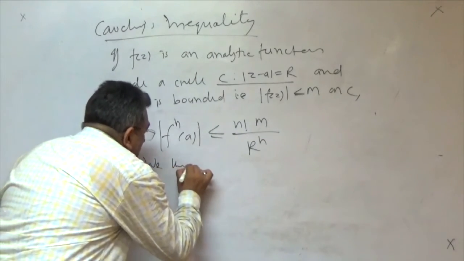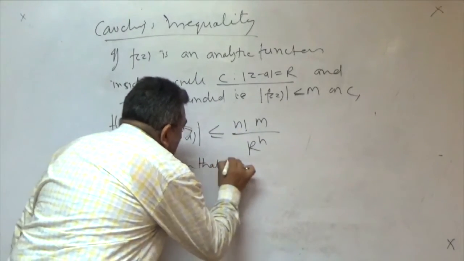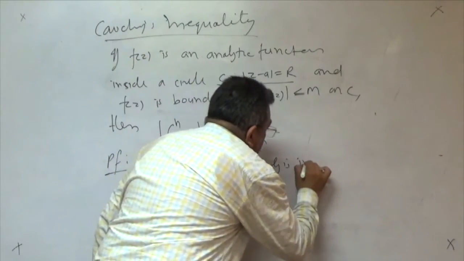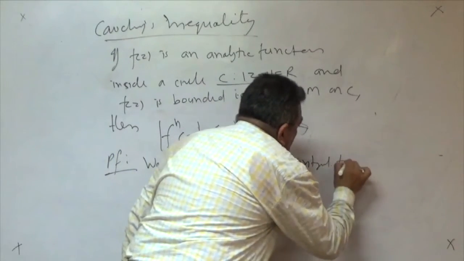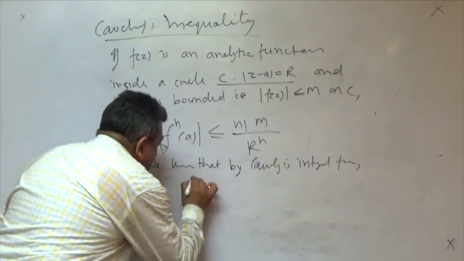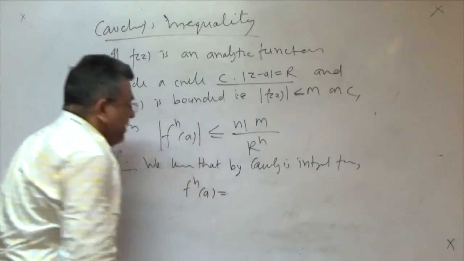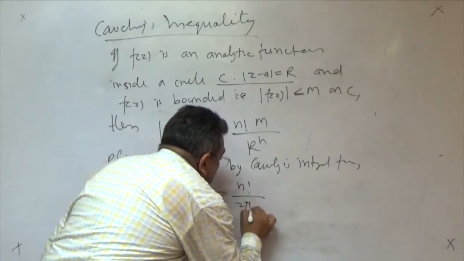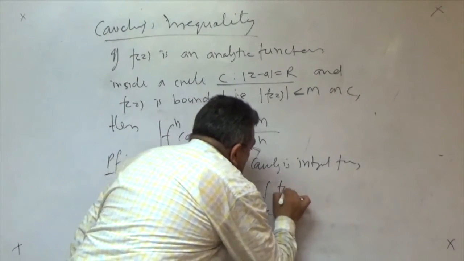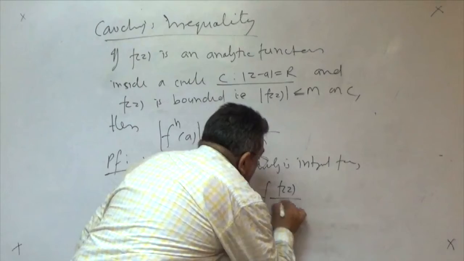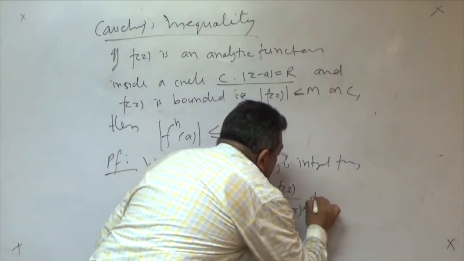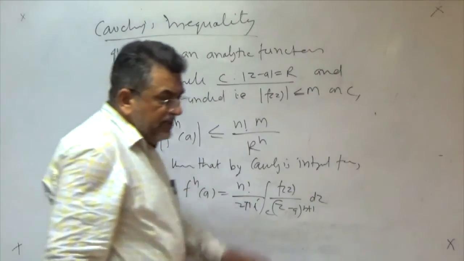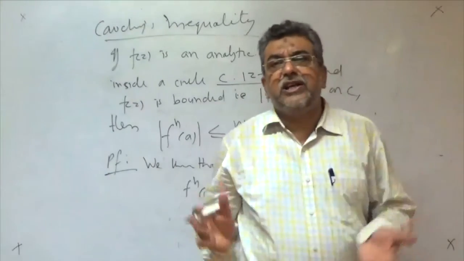We know that by Cauchy's integral formula, which I just proved, the nth derivative of this is n factorial upon 2 pi i integral over C of f(z) upon (z minus a) to power n plus 1 dz.